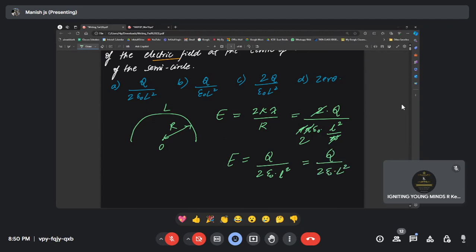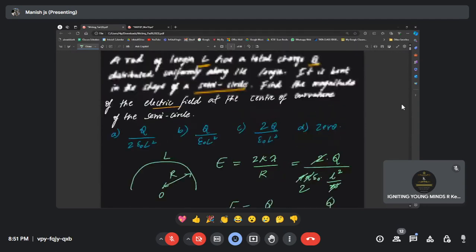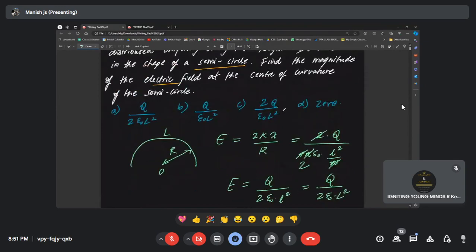That's it. Alright, simple as that. So the option here, Q upon 2 epsilon naught L squared, is option 1 or option A in this case. The first answer is correct.